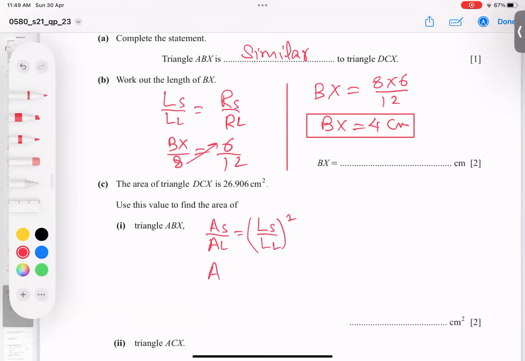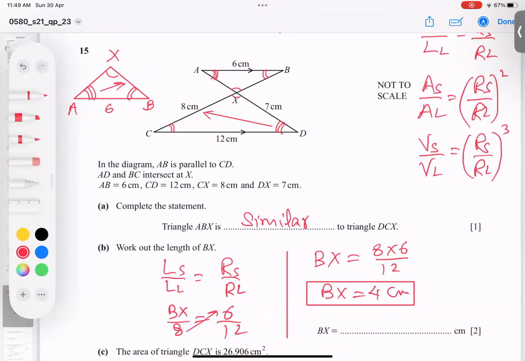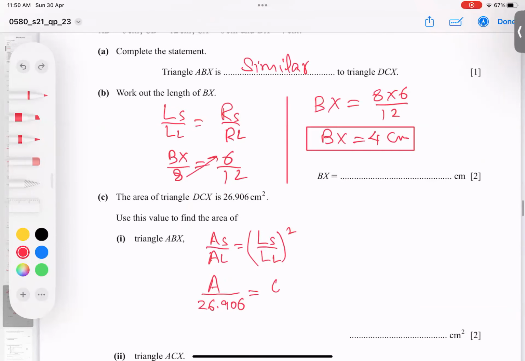Area of small is unknown, I'm writing A only. Area of large is this, so I'm writing 26.906. And for the length of the small shape, take any corresponding side. In front of single it is 6, and in front of single it is 12. So 6 up, 12 down, and power 2.